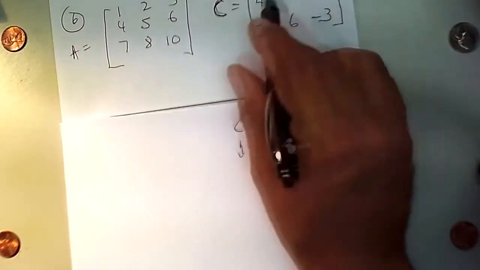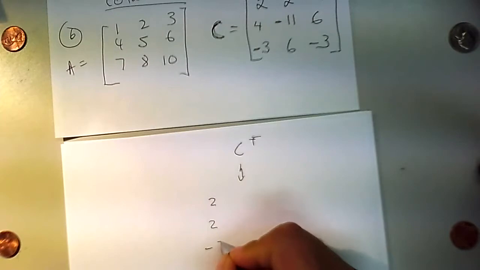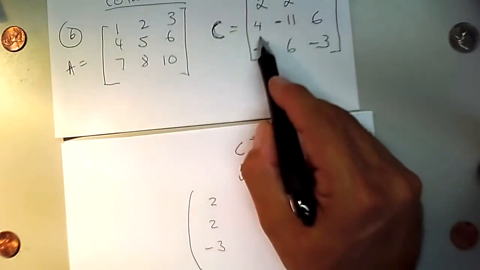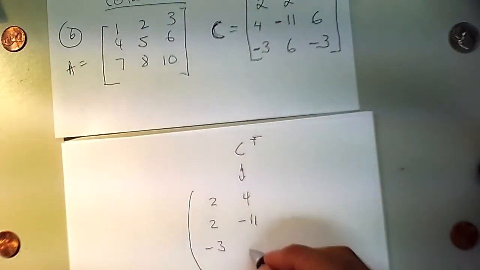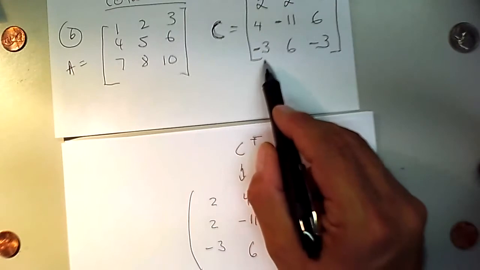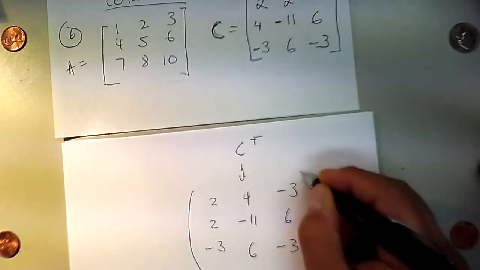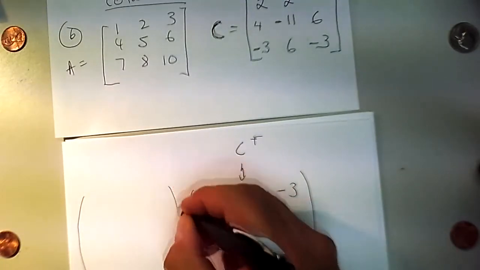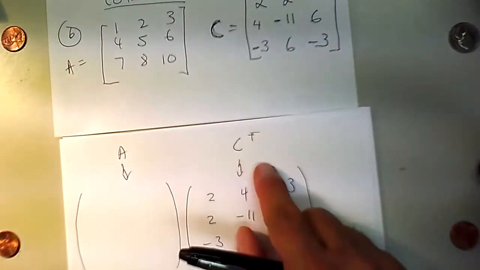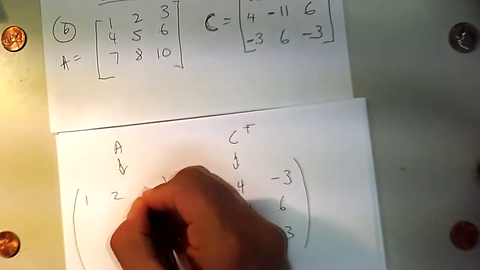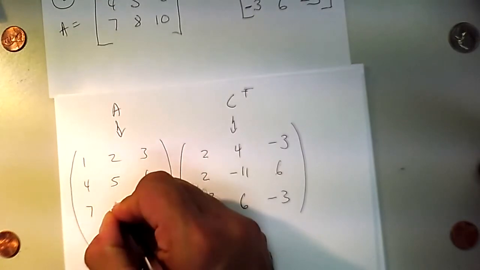Okay, 2, 2, negative 3 will be a column. 2, 2, negative 3. 4, negative 11, 6, another column. Negative 3, 6, negative 3. I'm going to multiply with the original matrix A: 1, 2, 3, 4, 5, 6, 7, 8, 10.